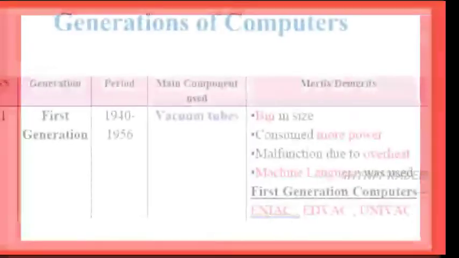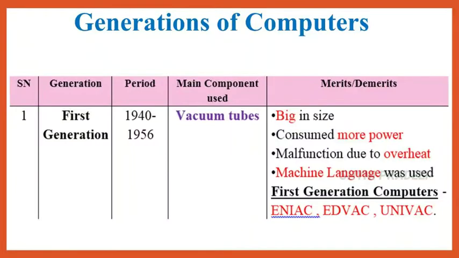Okay. Next topic is generation of computers. There are 6 generations of computers. Let us see them one by one. So first let us see first generation computers. Its period is 1940 to 1956. Main component used in first generation is vacuum tubes.